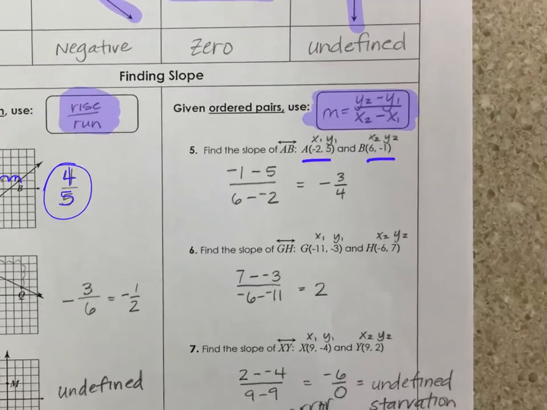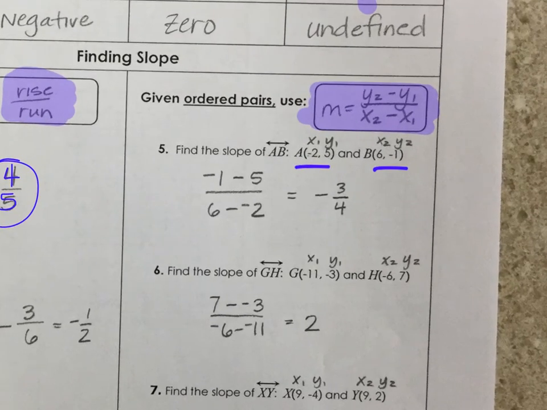To do that, all we do is we label these x1, y1, x2, y2, and then we just plug them in. y2, negative 1, minus y1 is 5, over 6, because that's the x2, minus negative 2. If you type that straight in your calculator as a fraction, you get negative 3/4 is your slope.